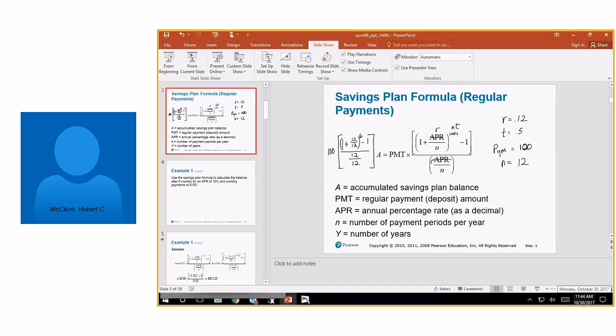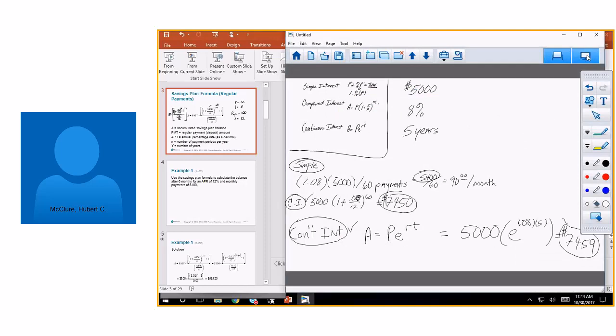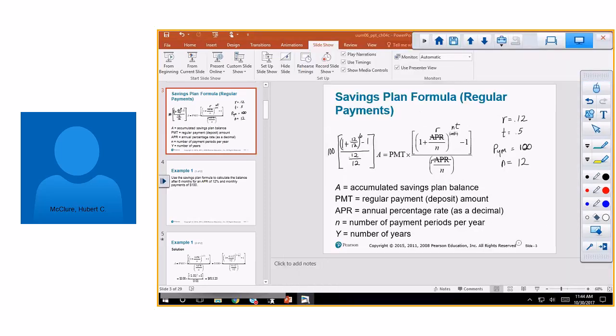Where's my whiteboard? So A is equal to, well, we could say 600, because that's how much we're investing, $600, times 1 plus R over N, 0.12 over 12, raised to the NT power, which is 6.